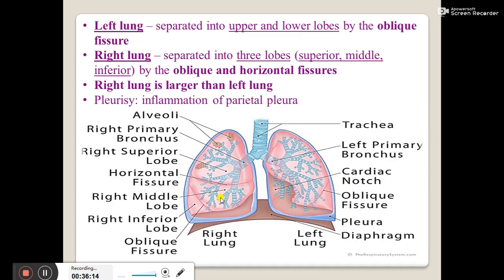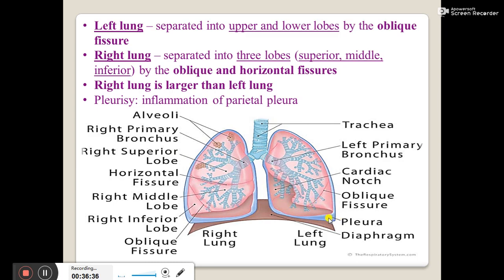So this is the right lung, and this is the horizontal fissure. This is the right middle lobe, the right inferior lobe, this is the oblique fissure, and this is the right superior lobe. The left lung is divided into 2 lobes, separated by the oblique fissure.